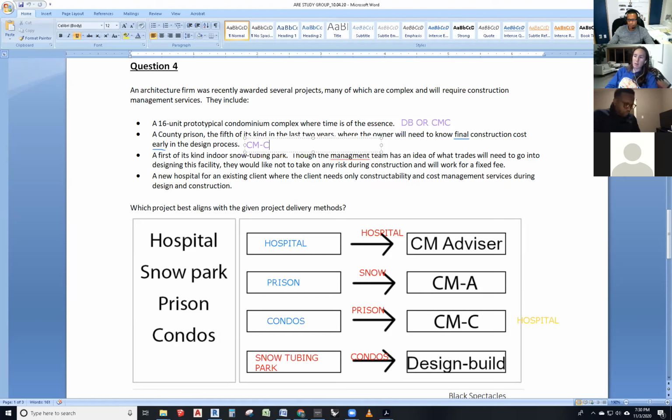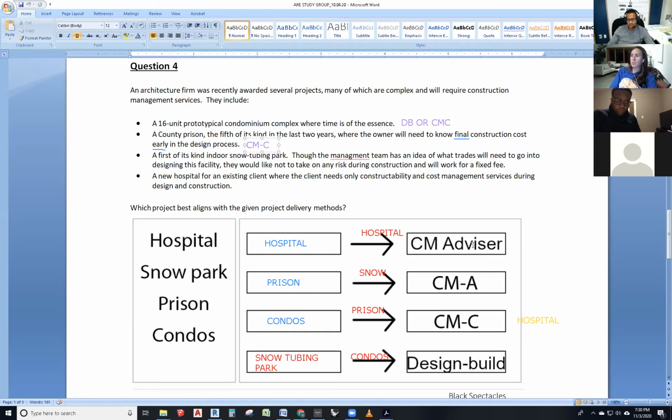Well, CM agent represents the owner throughout the entire project, whereas CM advisor still represents the owner early. It still works for the owner. Isn't the one they call advisor like they work with the owner, kind of advise the owner on the construction process?